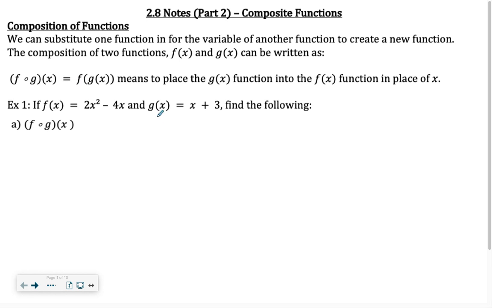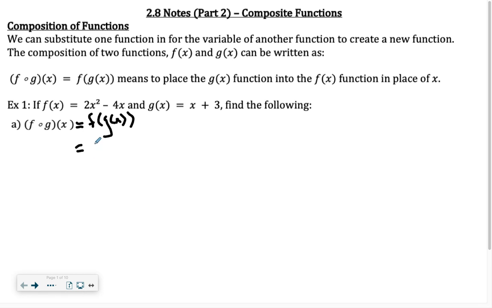Okay, so let's jump right into an example. Let's say we have f of x equals 2x squared minus 4x, and g of x equals x plus 3. So, again, the notation, this just means f of g of x, like this. So this means I'm going to take my entire function g of x and plug that in place of x everywhere in f of x.